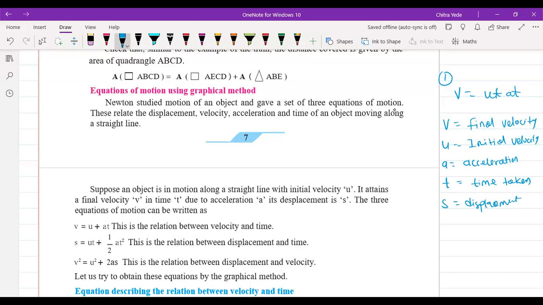The equations of motion give the relation between all these 5 quantities.